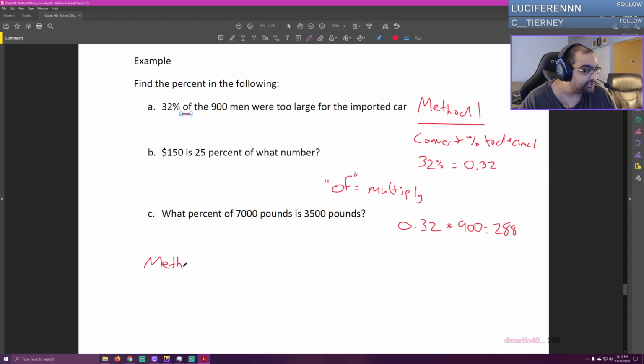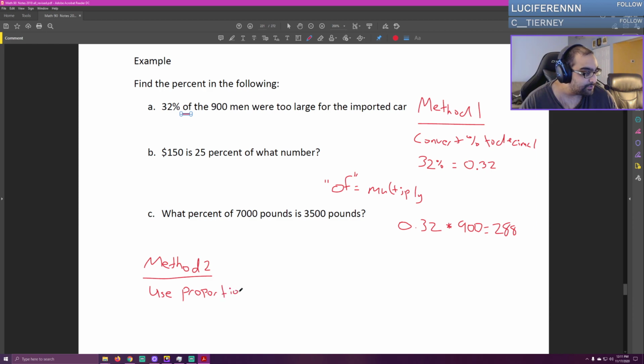Now with method 2, we're going to find the same answer, so we know what to expect. Our answer will still be 288 under this second method, but we're going to find it a different way. Method 2 is to basically use proportions, just like we've talked about already in this section.